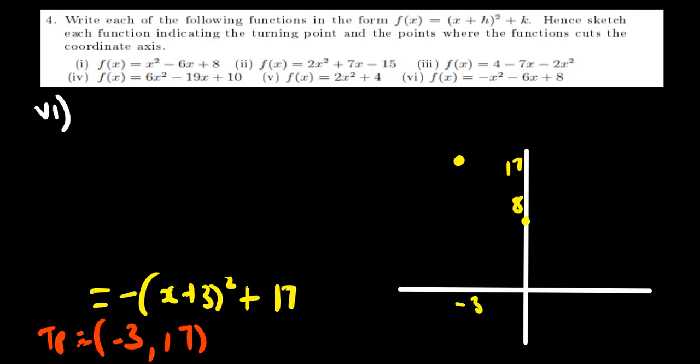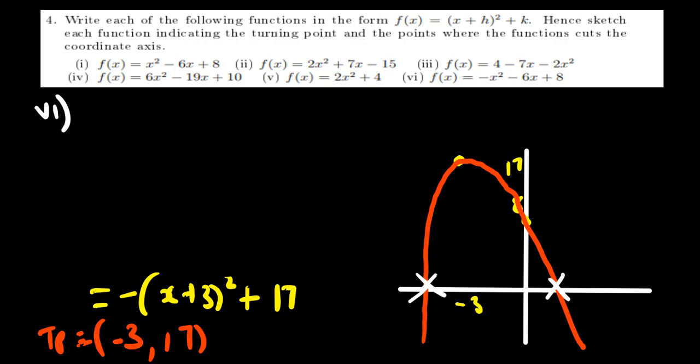Let me just put the point there. So it means our graph is going to pass through the turning point, and it will pass through 8, and it will go like that. Now it's cutting the x-axis at 2 points, this point and that point. So we have to find those 2 points.